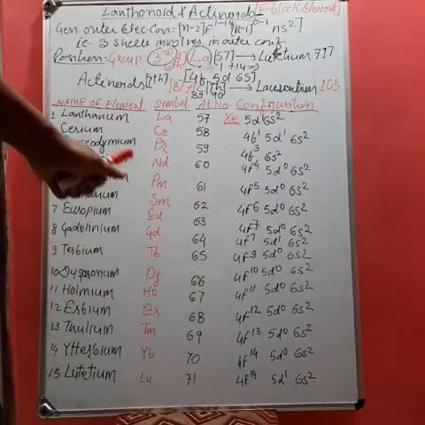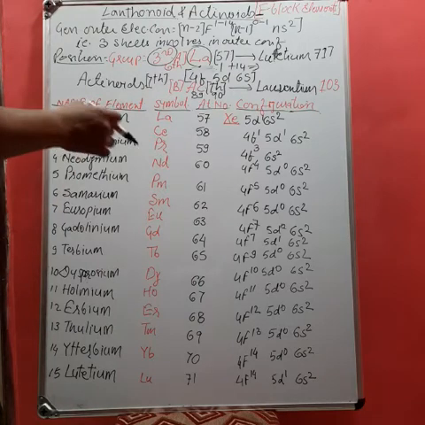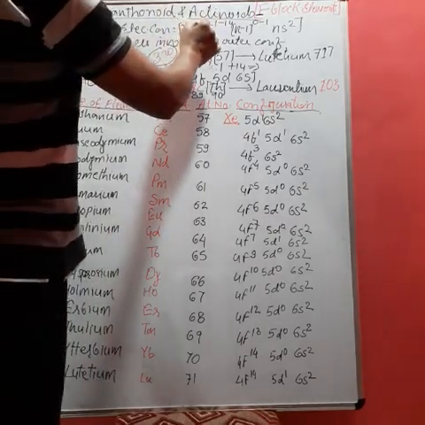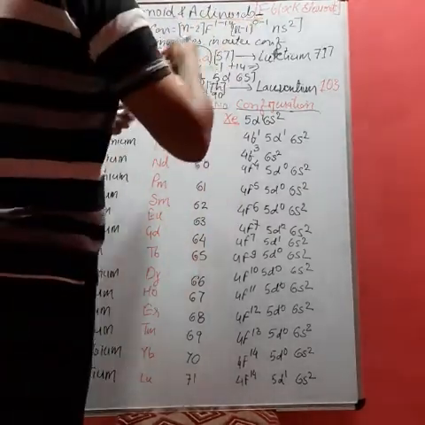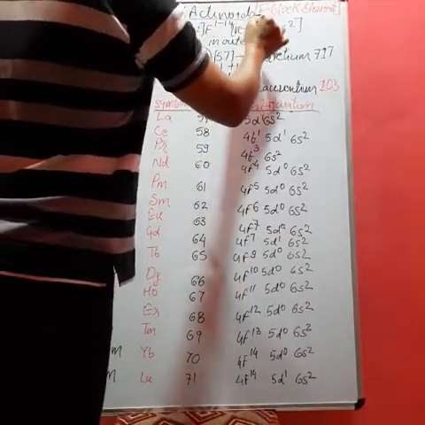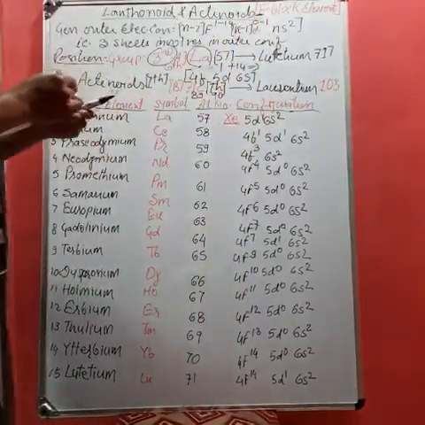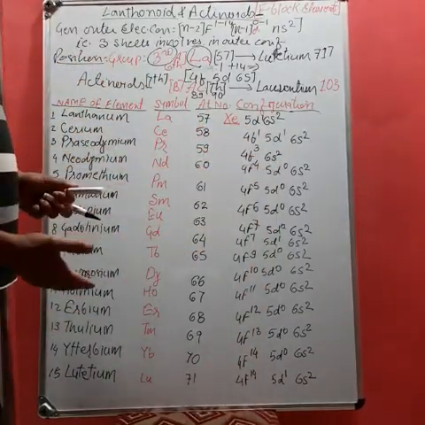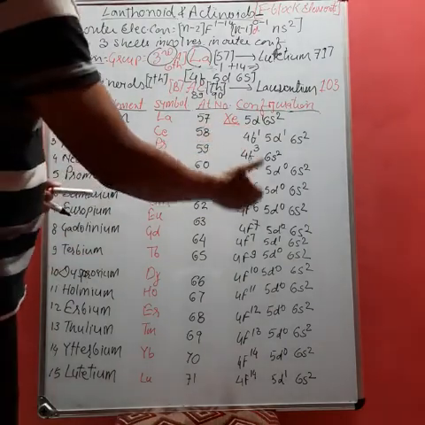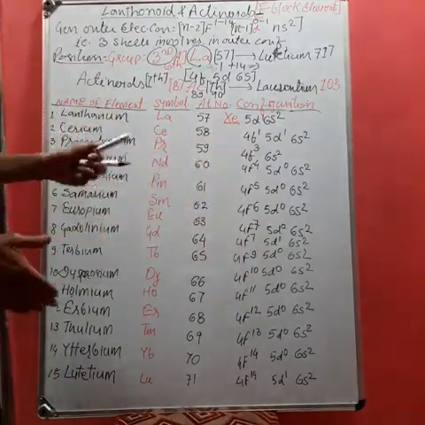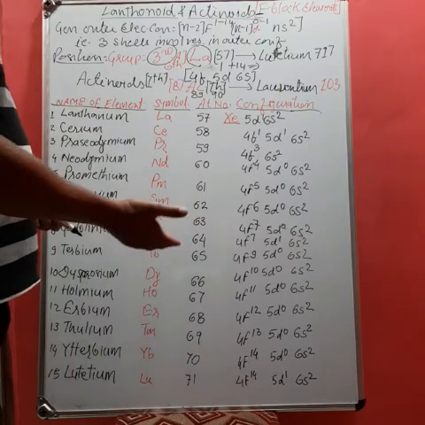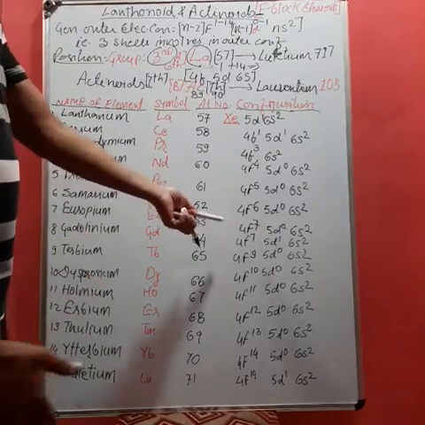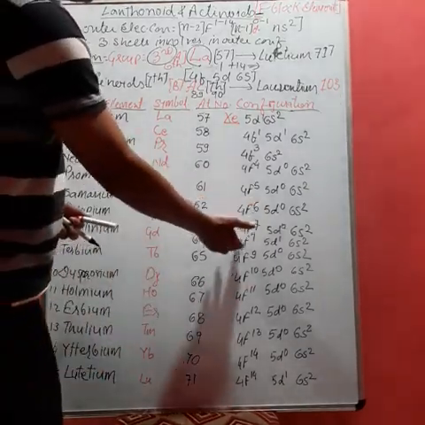In their general outer electronic configuration, there are a lot of anomalies. Although we write in the general configuration (n-2)f1 to 14 and (n-1)d0 to 1, very rarely does the D subshell occupy an electron. Only a few times are electrons filled in the D subshell. Otherwise, the rest of the time the electrons are filled in the F subshell and S subshell. You can see many anomalies here, like 4f7.